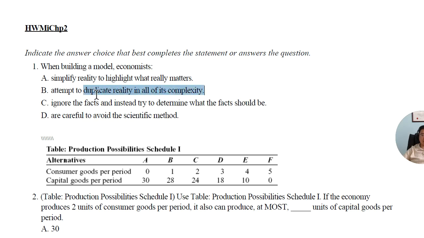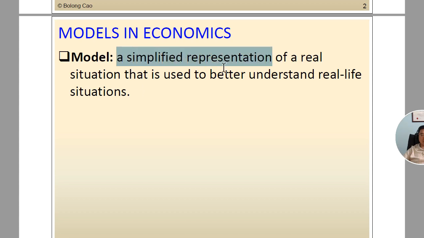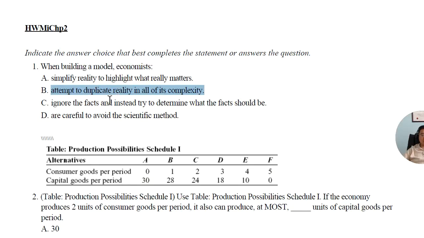Is that even possible? And if you look at the definition of models in economics, a simplified representation of a real situation. Okay, so economists do simplify the situation. Okay, how about C?